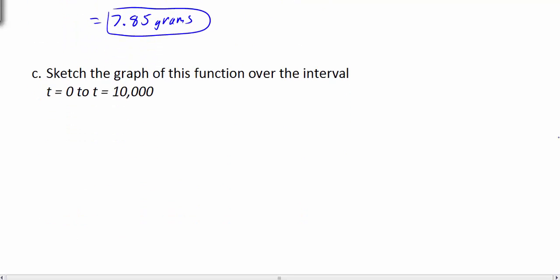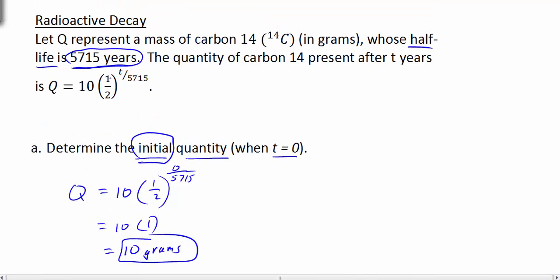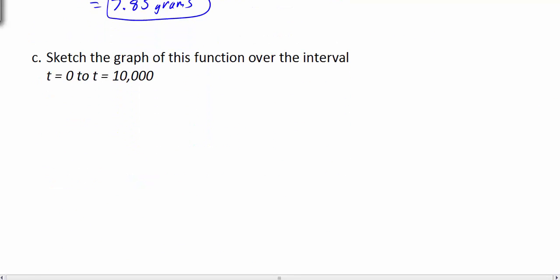All right, then we have sketch the graph of this function over the interval from 0 to 10,000. So we have our function. Our function up here was 10 times 1/2 raised to the t over 5,715. Let me rewrite that here: Q is equal to 10 times 1/2 raised to the power of t divided by 5,715.